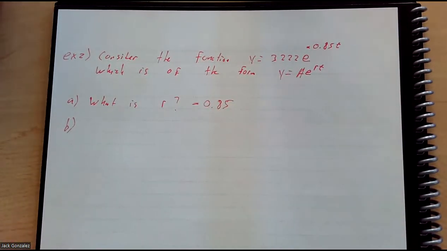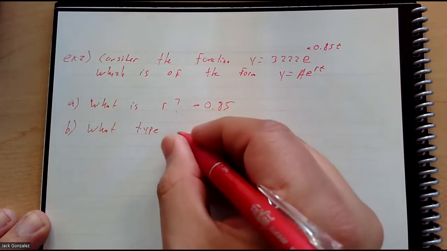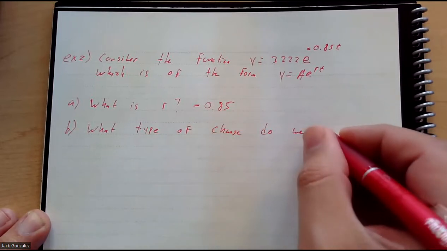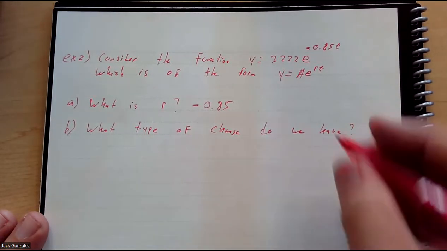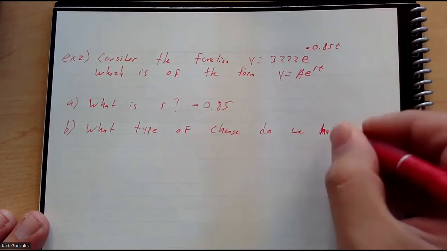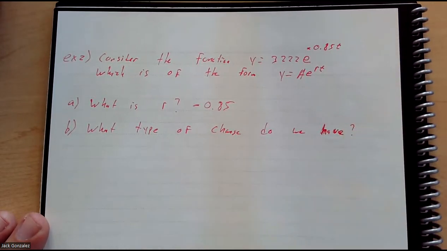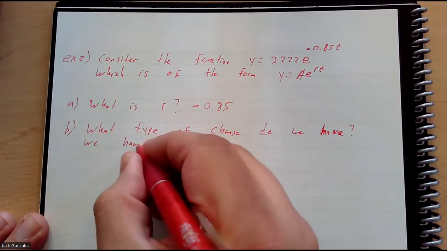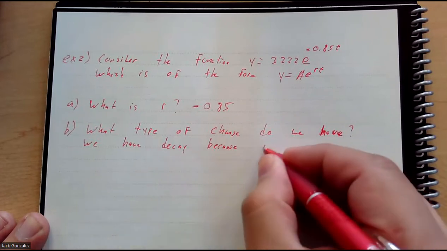So since it's negative, what does that mean? What type of change do we have? We have decay because R is less than 0.